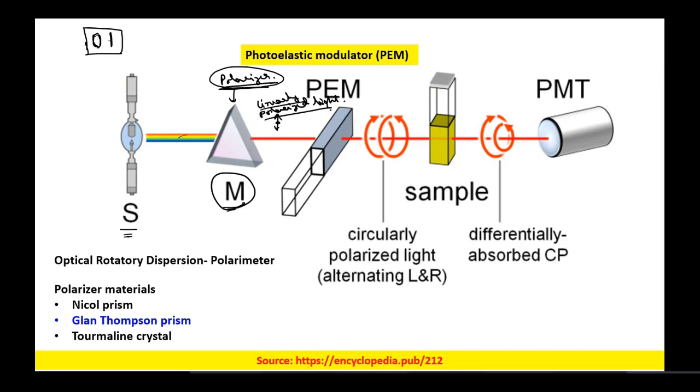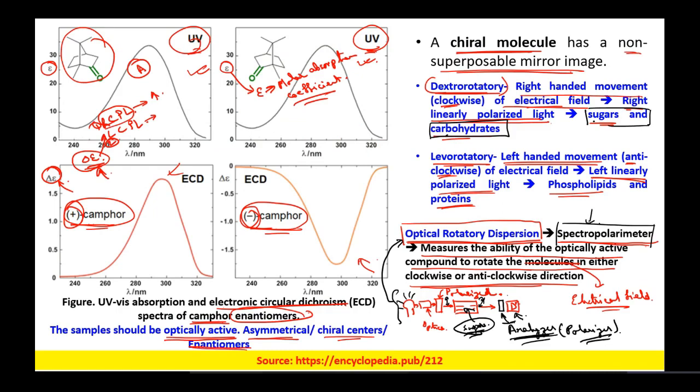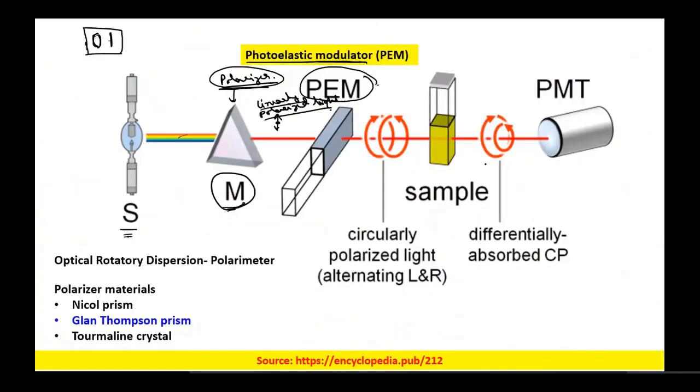Then, once you have this linearly polarized light, you have the PEM. What is PEM? PEM is the photoelastic modulator. In the previous case, we had sugars and carbohydrates which were moving the light in a dextrorotatory fashion, or phospholipids and proteins which were moving the light in a levorotatory manner. In this case, the PEM does the same thing.